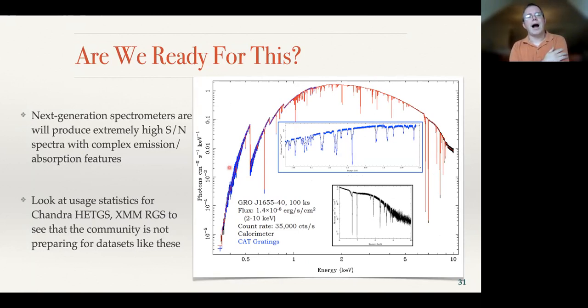I don't think we're ready for spectra like these as a community. If you look at the usage statistics for Chandra transmission gratings and XMM gratings, I think the community, the X-ray binary community in particular, is not really preparing to analyze spectra that look like this.